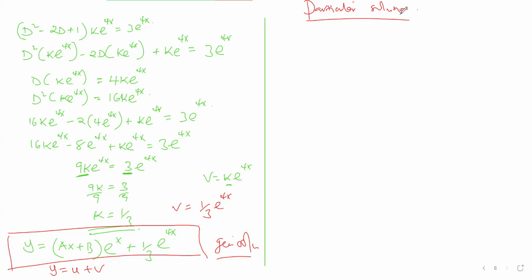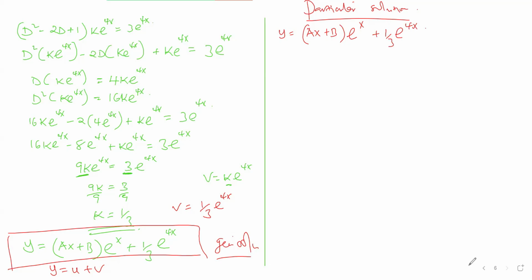So for the particular solution, we shall have our y equals ax plus b, then we have exponent of x plus 1 over 3 exponent of x.